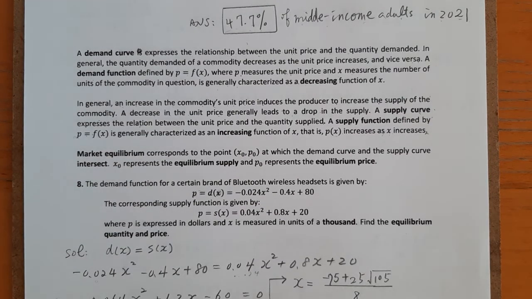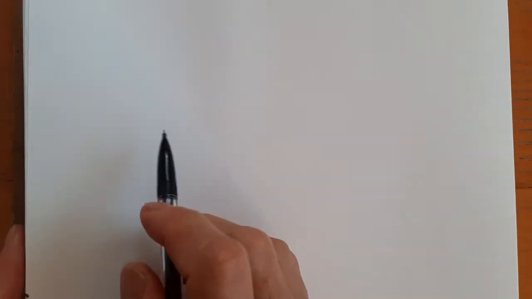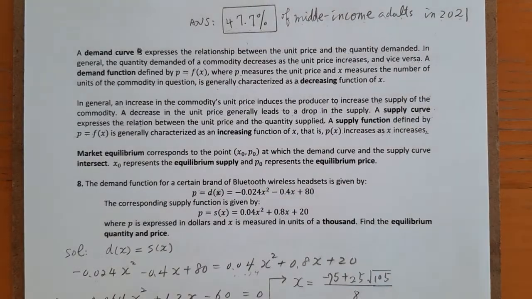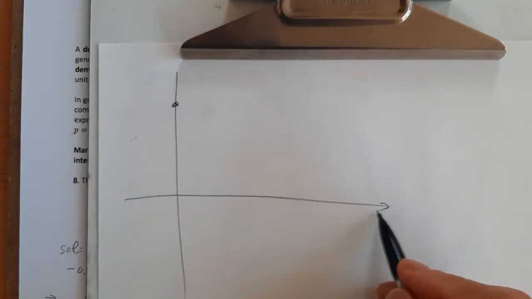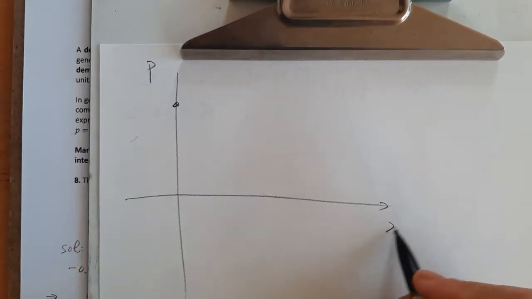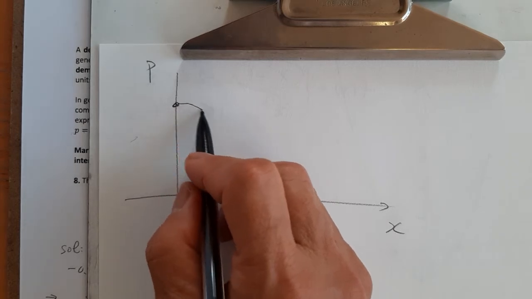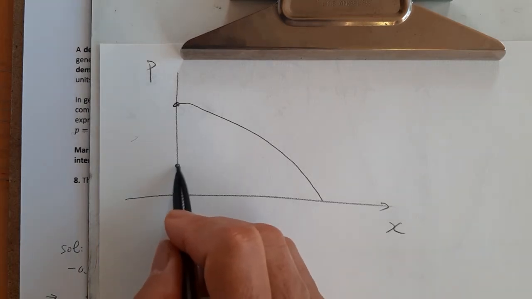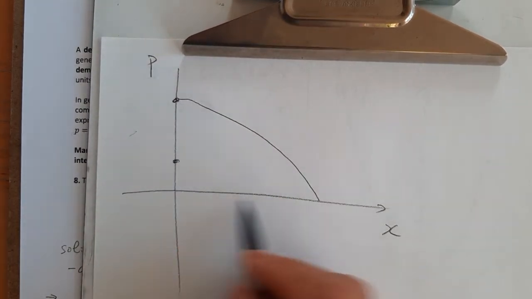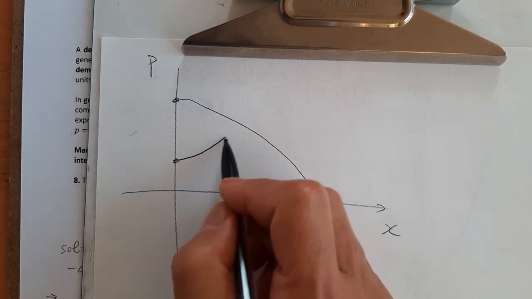So if you have a curve like this, started here, this is the price, this is x. When x increases, the price decreases. That is a demand function. And then if it starts here, when x increases, the price also increases.